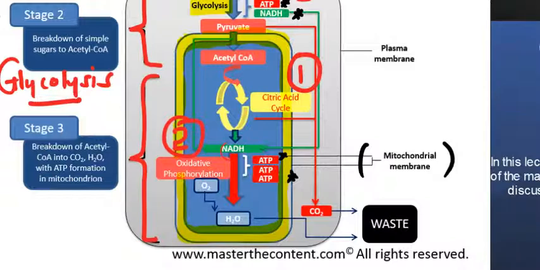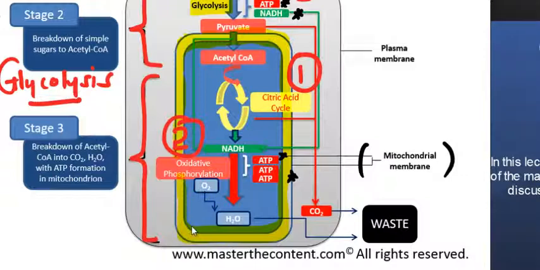Now NADH is a really important molecule in this case. It's what is fed into the electron transport chain to actually produce massive loads of energy and water and carbon dioxide as waste products. So take note of this.